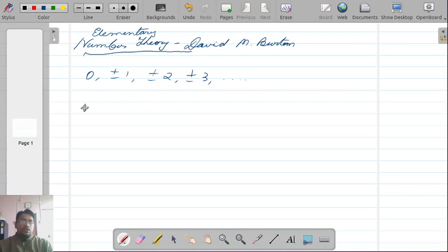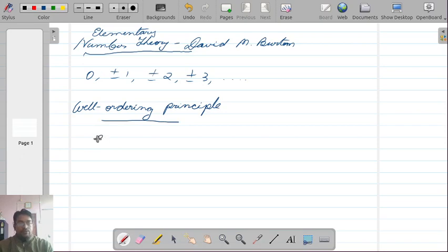So we will start number theory with an important principle, that is the well ordering principle. It's something like the God of number theory. It's a principle that we will assume without any proof. What does it say?